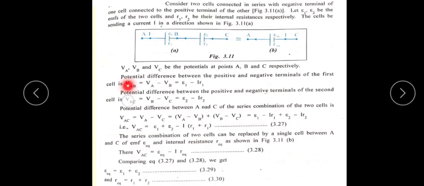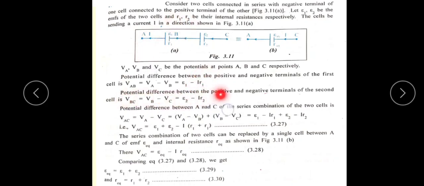The potential difference across the cell, VA minus VB, is also equal to E minus Ir in general. For cell 1 it is E1 minus I r1, where I is the current passing through all the cells and r1 is the internal resistance of the first cell.